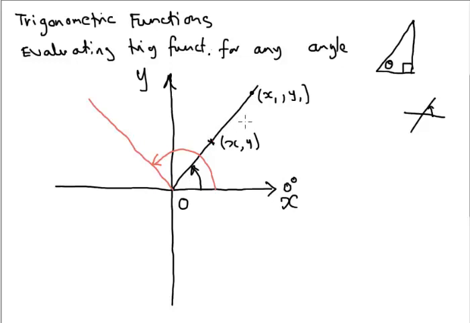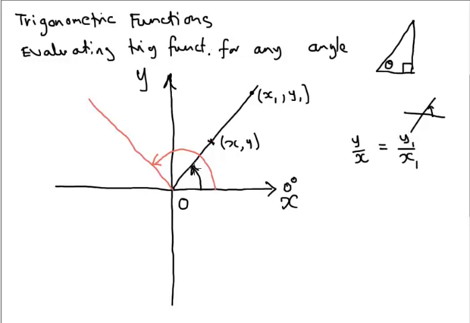What is interesting about this is that if I find the ratio y over x for this point, that ratio is exactly the same as y1 over x1. If you don't believe it, take graph paper, draw a line, and test it. But that is true. It happens like that.